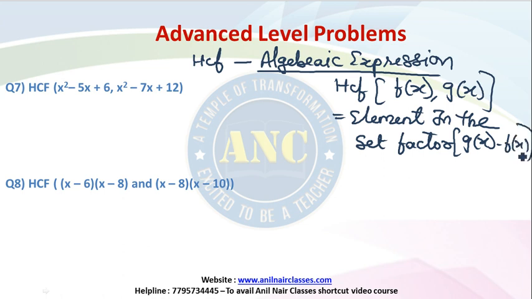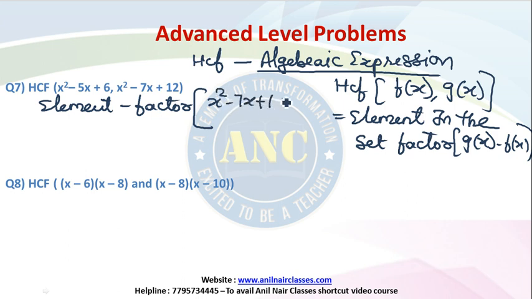HCF of a comma b is nothing but an element in the set factor of b minus a. HCF of f of x comma g of x is an element in the set factor of b minus a. Factor of x square minus 7x plus 12 minus of x square minus 5x plus 6.